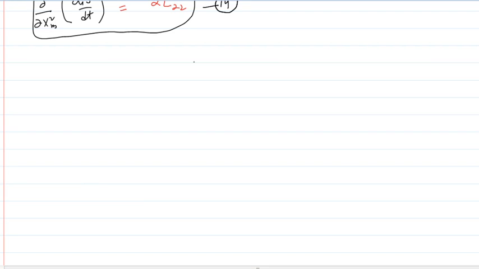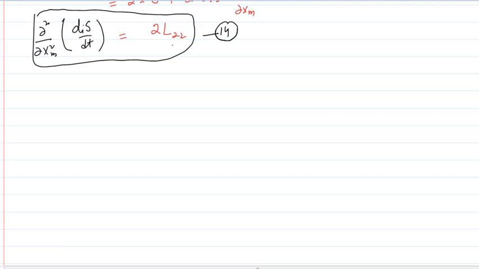Here the second differential is positive, because this is a constant. That means L22 is positive because it is a coefficient constant, so it is positive. That means the second derivative is also positive.